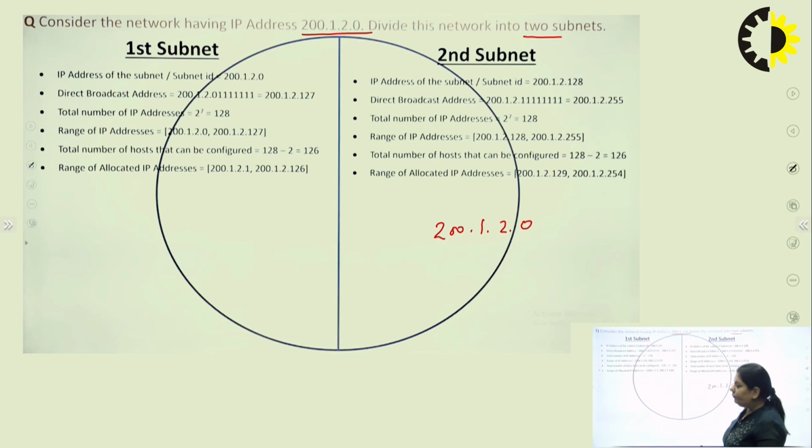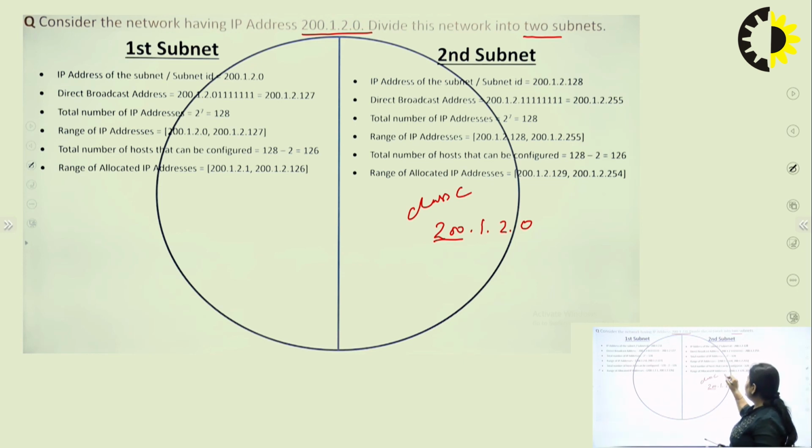200.1.2.0. Now, first of all, identify the class of the address. How can you identify the class of the address? First, look at the first octet of the IP address. The first octet has the number 200, which belongs to class C. Or you can convert it into binary.